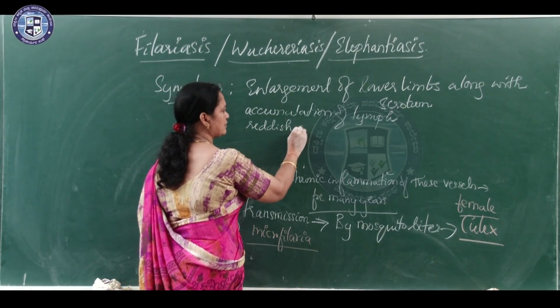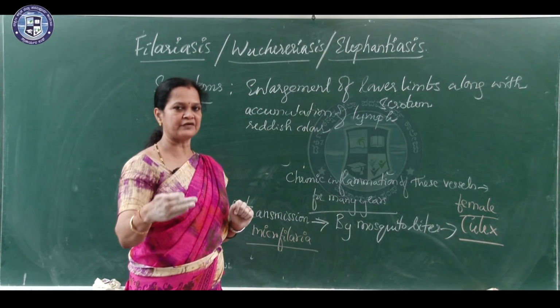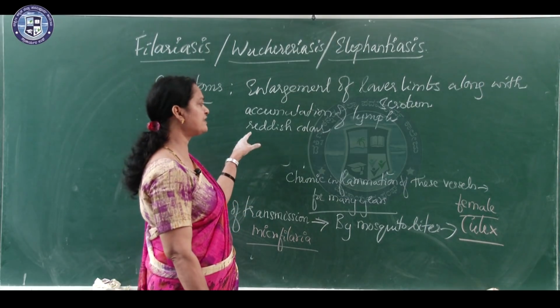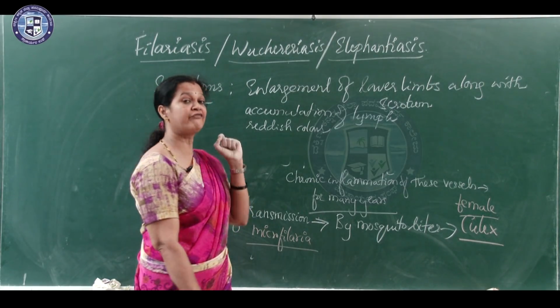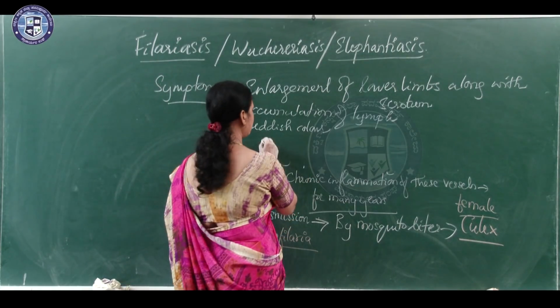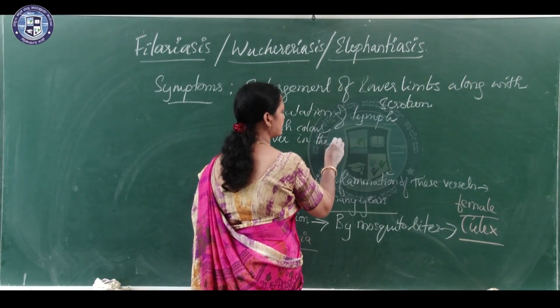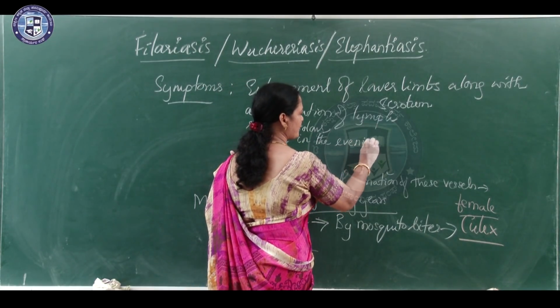Then there will be reddish color. Not every time, but during severe cases, when the microfilaria come outside and are seen in the peripheral circulation, there will be fever. It is characterized by fever. So, reddish color and fever in the evening time, not throughout the day.